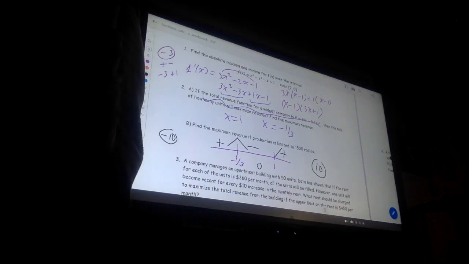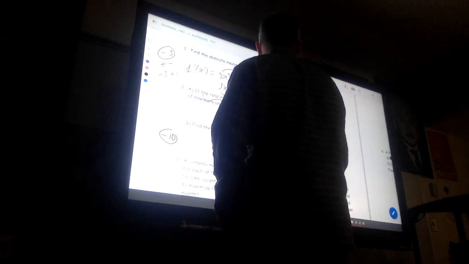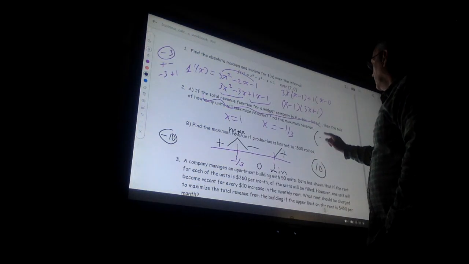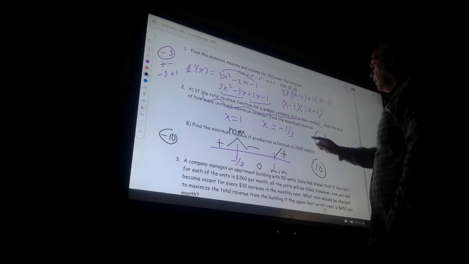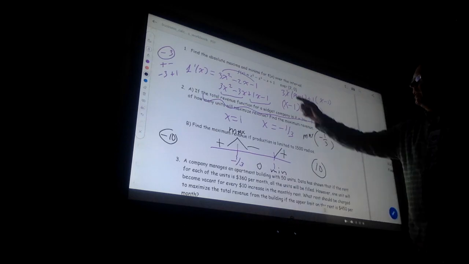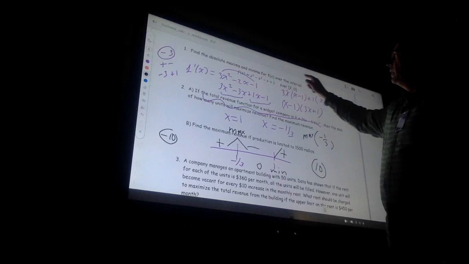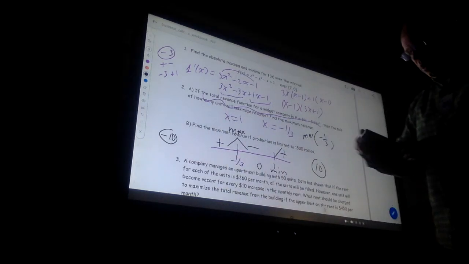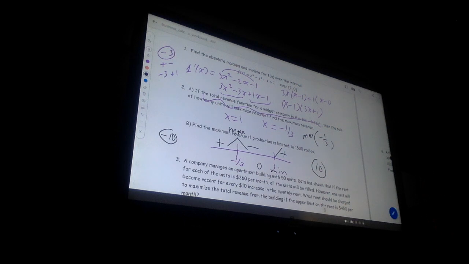So it says find the absolute max and min for this. So this is going to give me a max, and this is going to give me a min. So if I did -1/3 as a max and plugged it in, I'm going to use a calculator because ain't no way we're doing fractions that big.